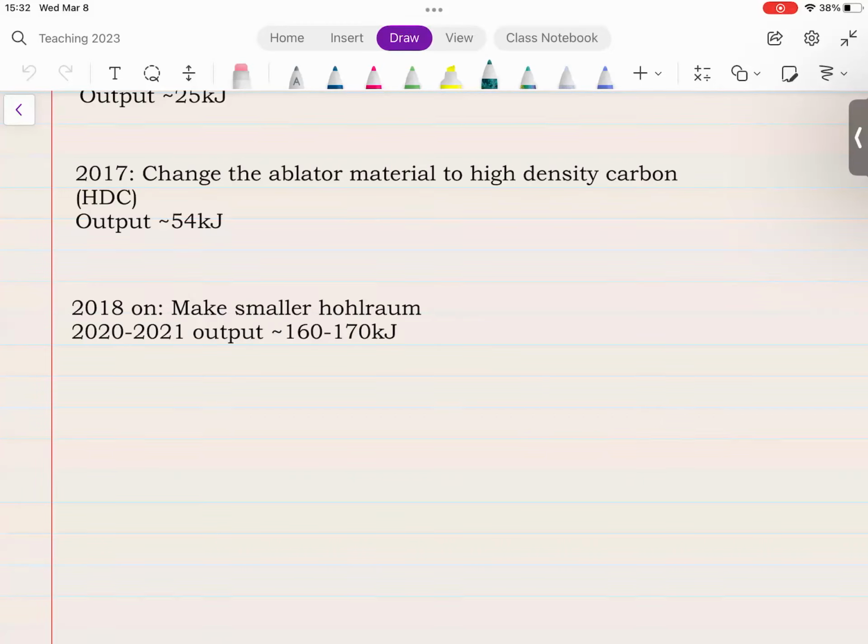And in fact, these shots already made people very happy. We were getting burning plasma.